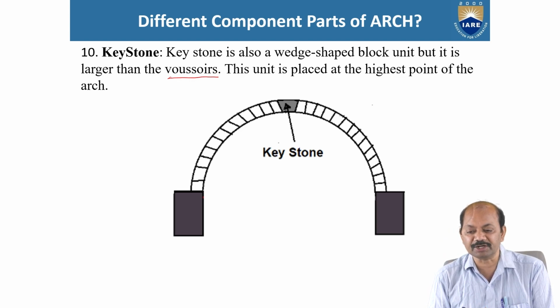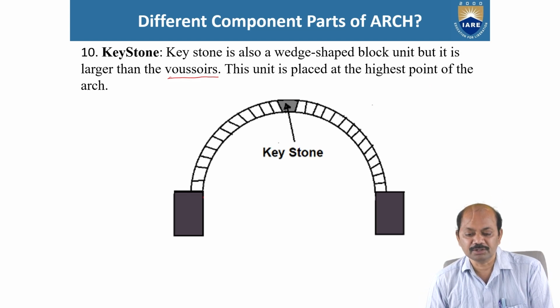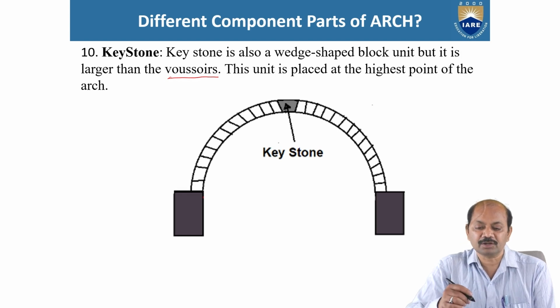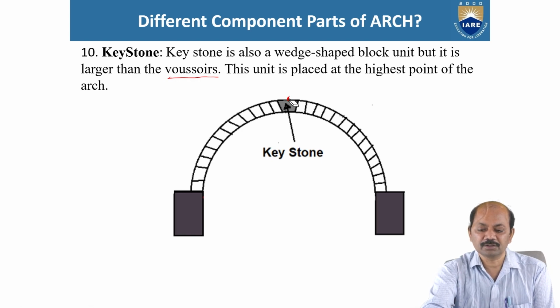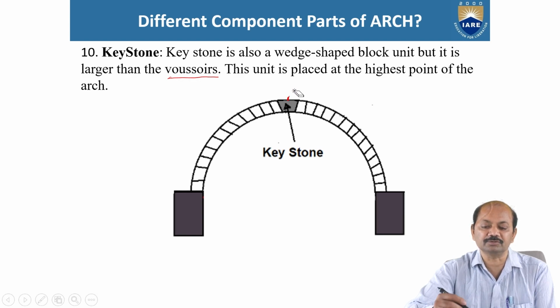This unit is placed at the highest point of the arch. It is nothing but the keystone. Crown, as you've seen in the previous slide, is here. This is called the crown. On the top of the keystone, we find the crown.